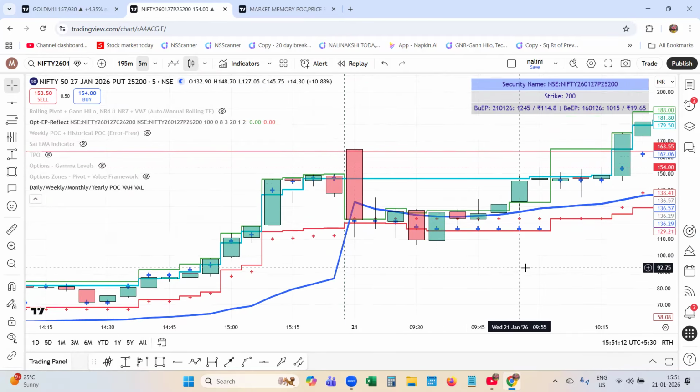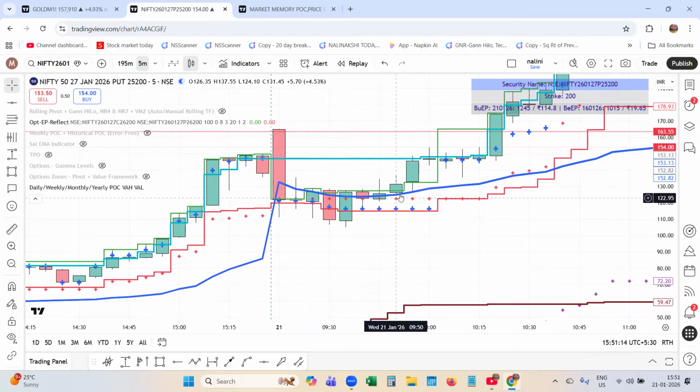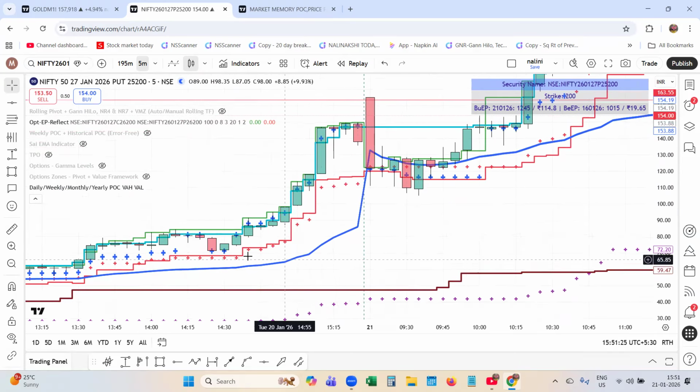It came down. This is the option zone, option level, that is around 123 or something. Market came down, but previously if you see, the area was here.